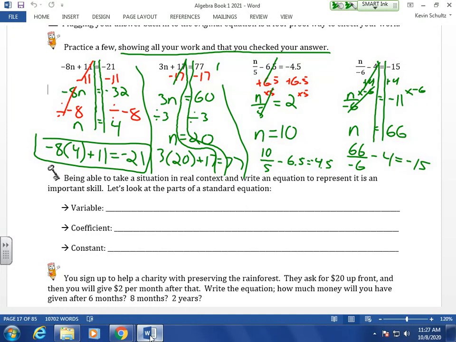One thing on the pretest that did not go so well was the defining or identifying a coefficient versus a constant. Okay, so the 3 parts of your standard two-step equation, it'll have a variable, you'll have your coefficient, and you'll have your constant. The variable, of course, is the unknown value. And it is usually a letter.